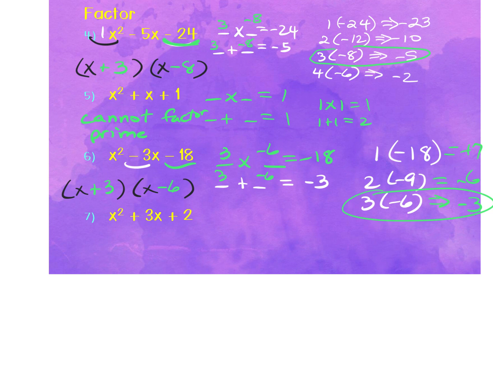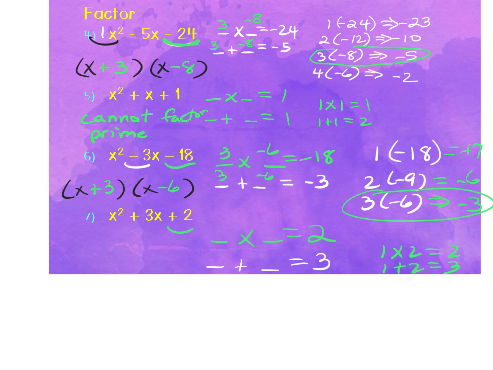The next one, we are looking for two numbers that will multiply to give me positive 2, but who will add to give me positive 3. So this is nice and easy. The factors of 2 are just 1 times 2. And then when you add that, you're going to get 1 plus 2 is the 3.